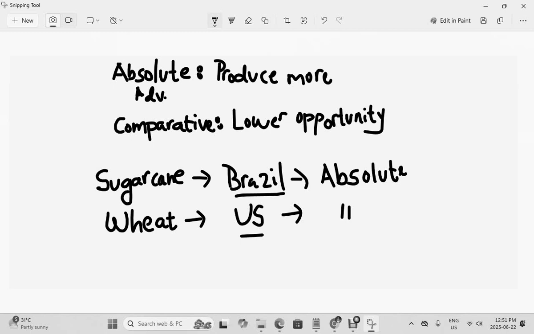However, the area of California and Florida together is much smaller than the area in Brazil that is suitable for sugarcane production. As a result, the comparative advantage trophy goes to Brazil for sugarcane production. So Brazil also has a comparative advantage over the US when it comes to sugarcane.